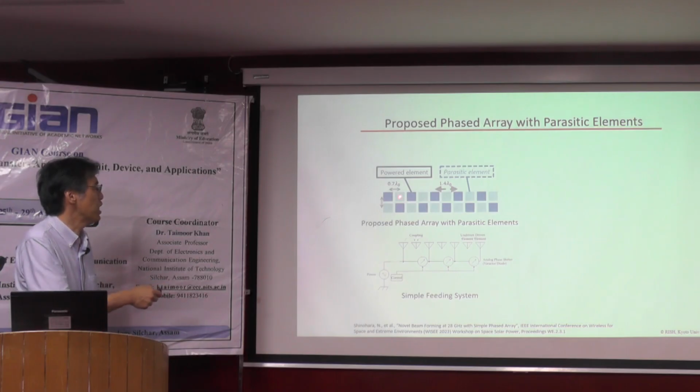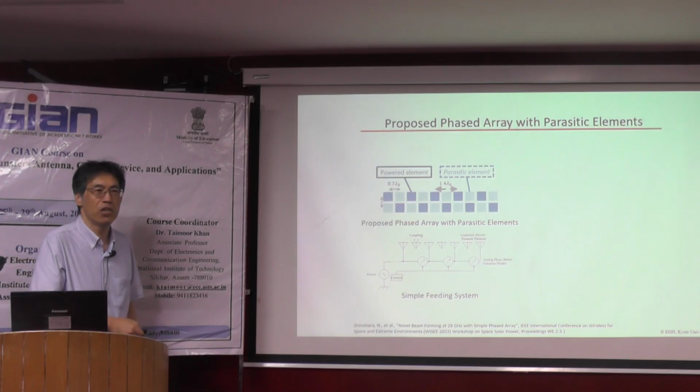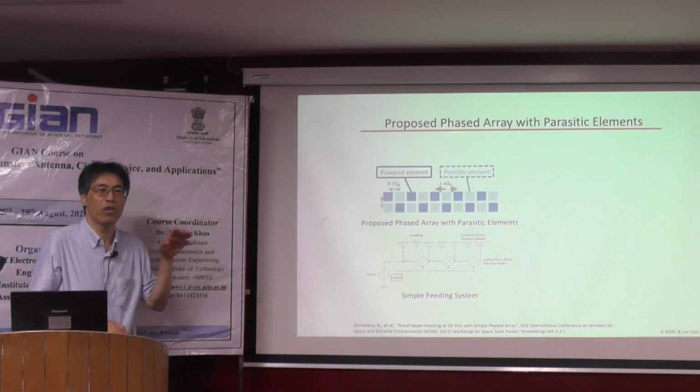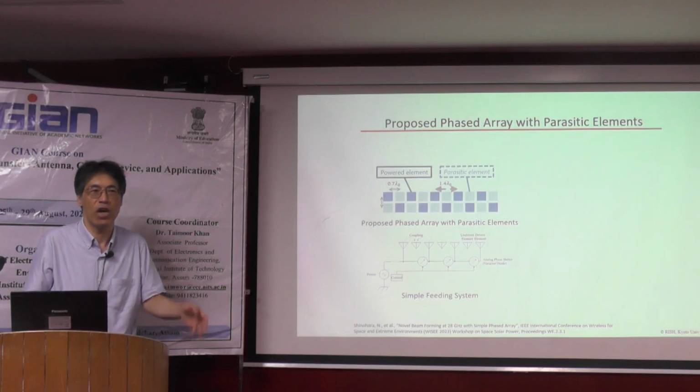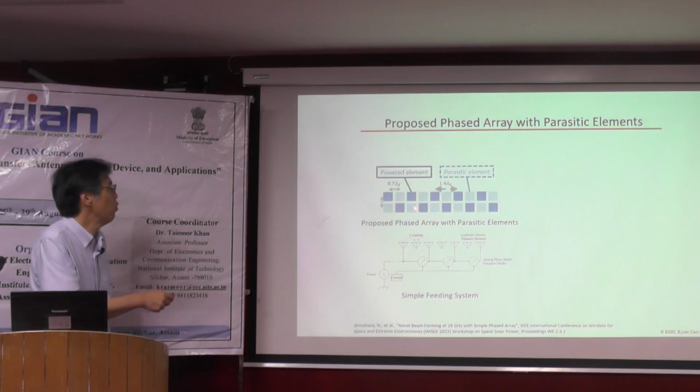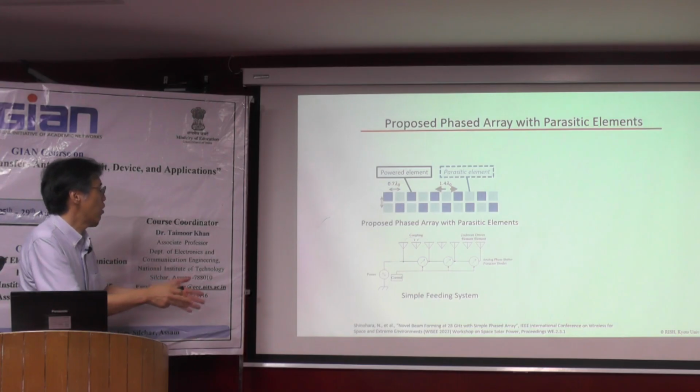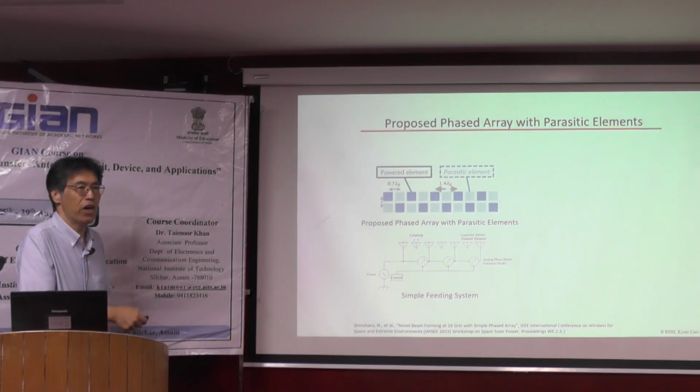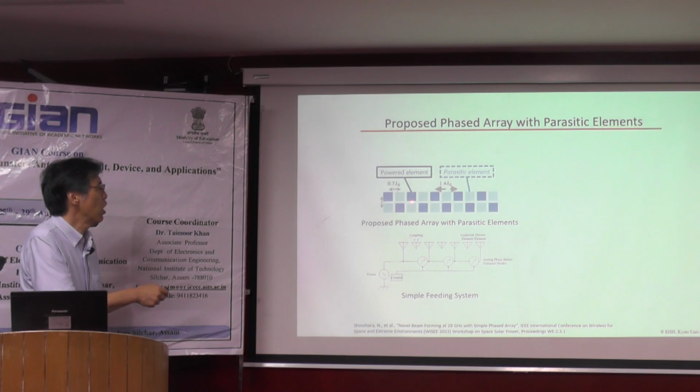Parasitic element means just a metal only. There is no power source, there is no phase shifter, there is no circuit behind this metal. But when we put the metal between long spacing antennas, mutual coupling electromagnetically occurs between the powered element and the non-powered parasitic element.